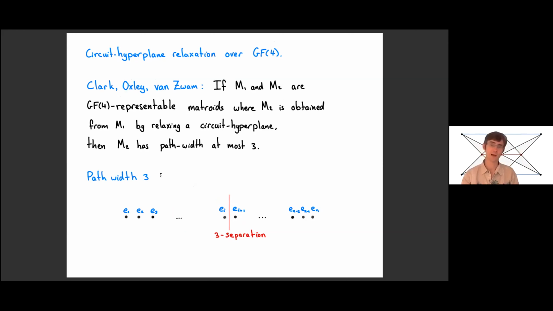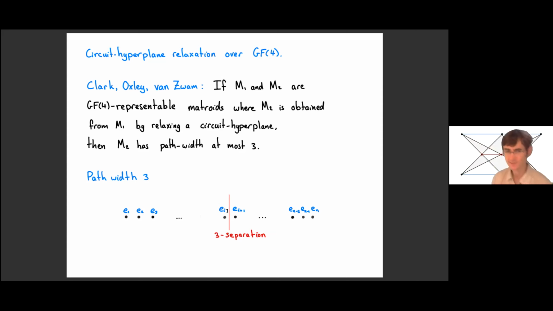What does it mean to have path width 3? It means you've got an ordering of the elements where no matter where you split the ordering into an initial segment and a final segment, you'll have a 3-separation. So as I move the elements across one by one, I keep a 3-separation in my matrix. They had a precise characterization, and they derived this as a consequence.